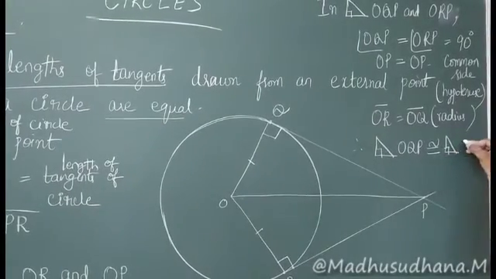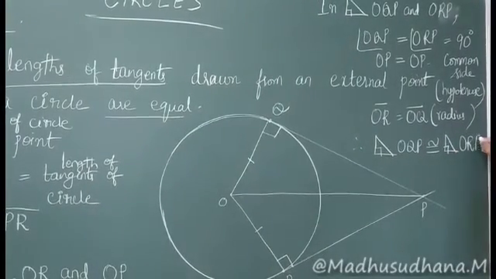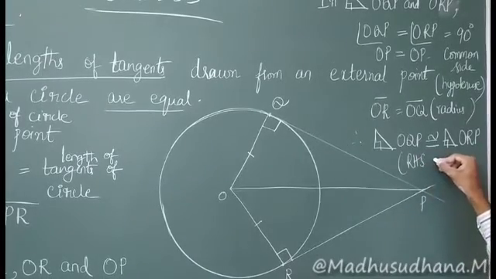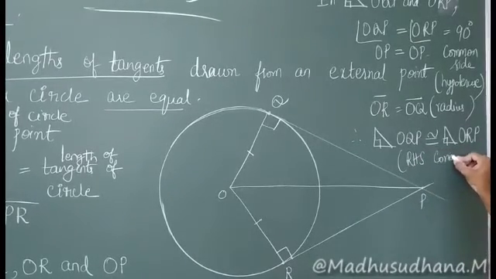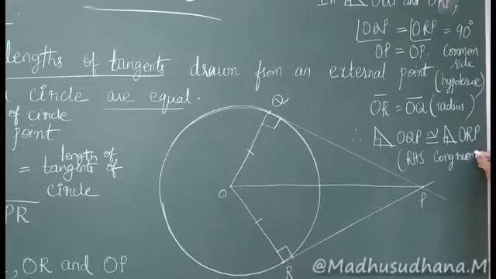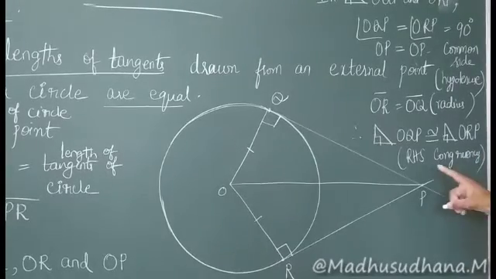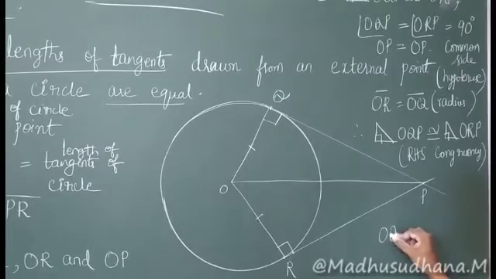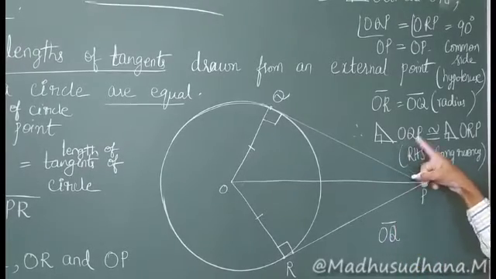From these 3 points we can write, therefore, right angled triangle OQP is congruent to right angled triangle ORP. This is by RHS congruency.